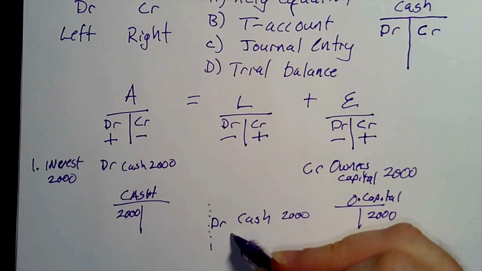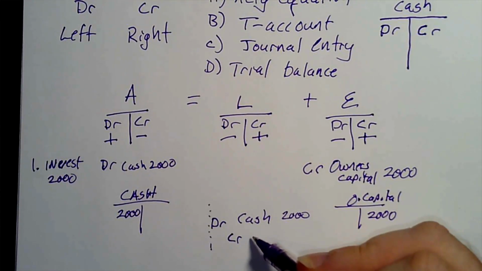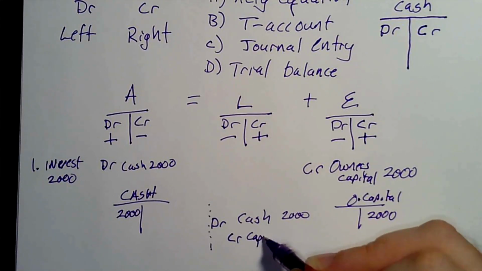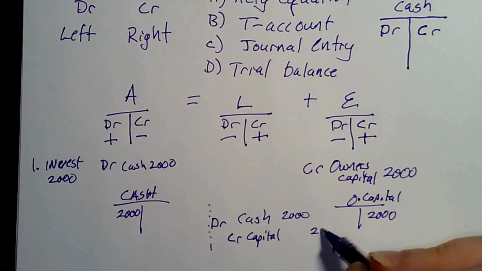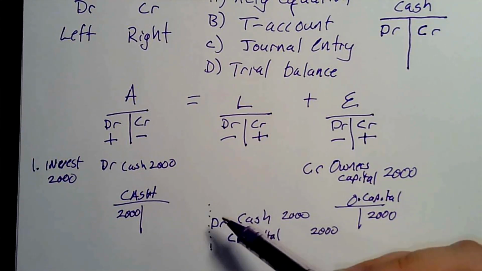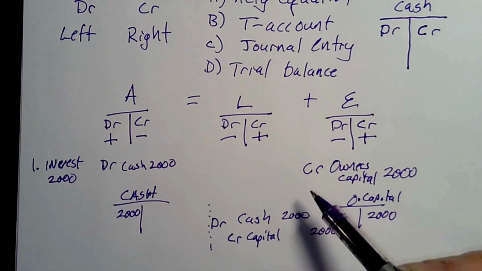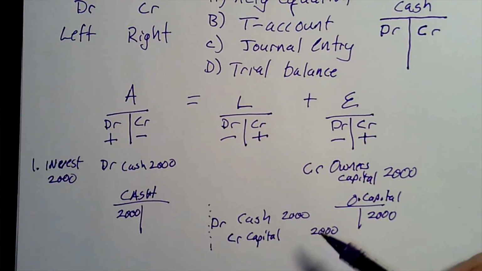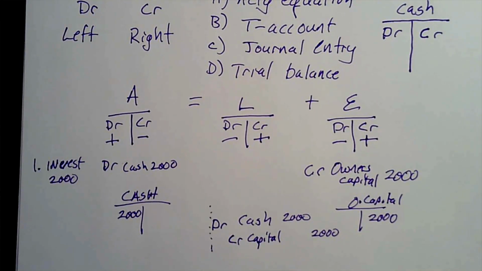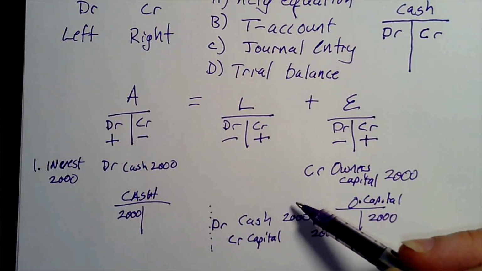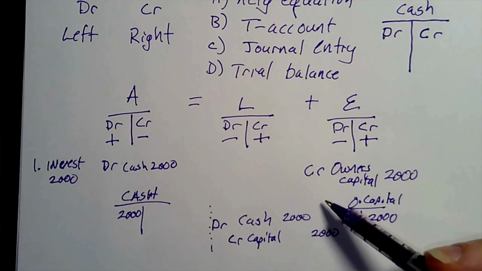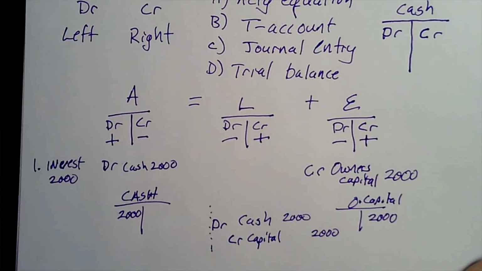And I would indent the credits. Credits would go second, and this would be the owner's capital, and 2,000. Now notice the debits go first, the credits go second, and then the account titles, and then the numbers are in their own columns. For example, if we had a whole bunch of journal entries, all the debits would be in a row and all the credits would be in a row.